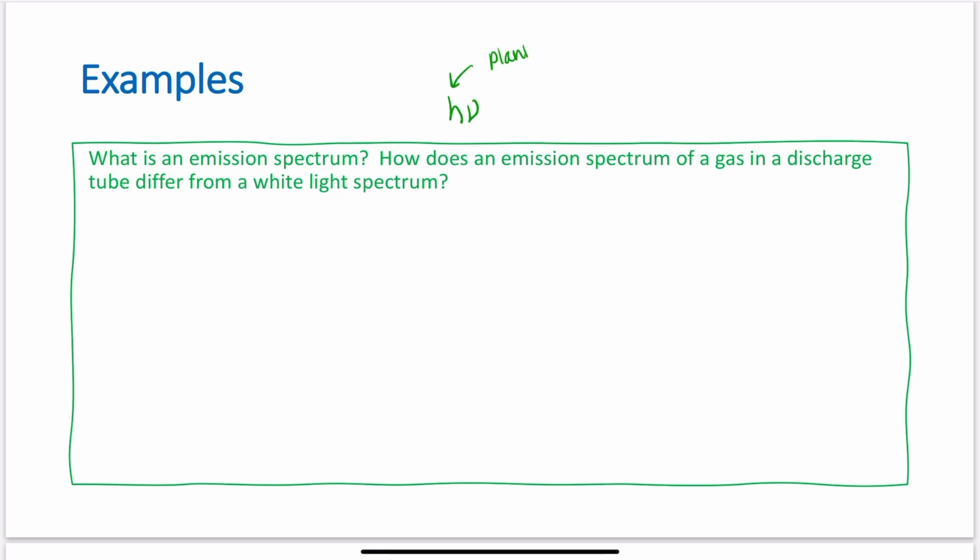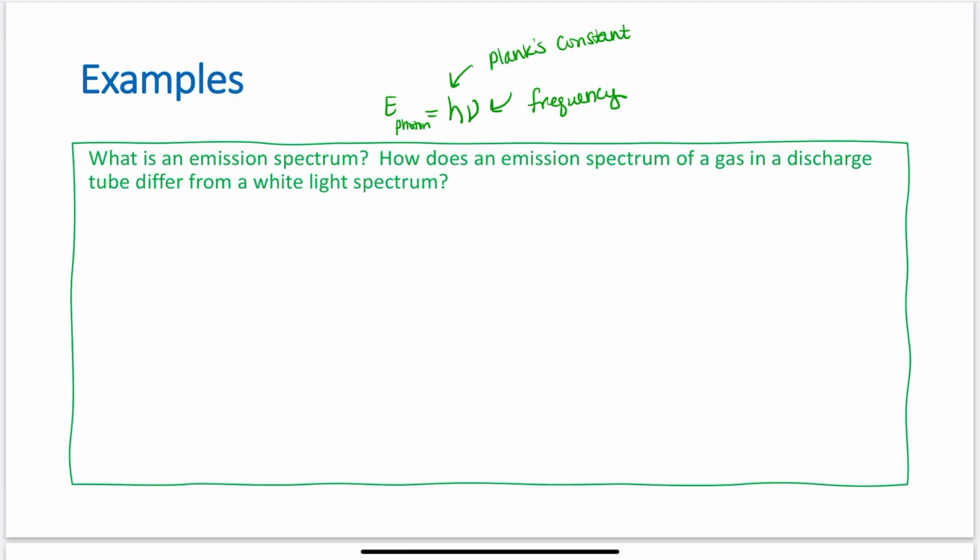Again, h being Planck's constant, and nu being the frequency. So they release energy in the form of a photon that matches the amount of energy they had originally absorbed, because energy is quantized. It's a specific amount that can be measured.